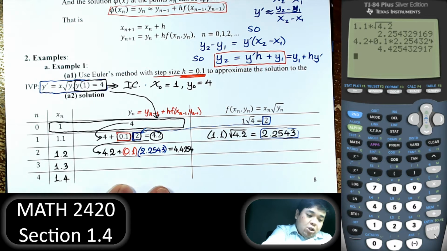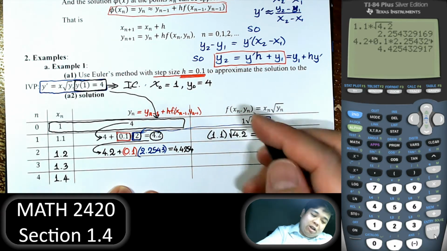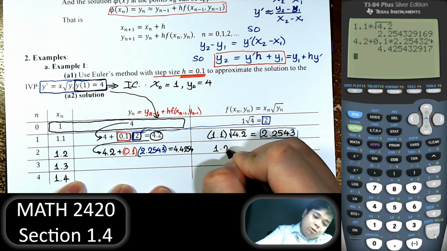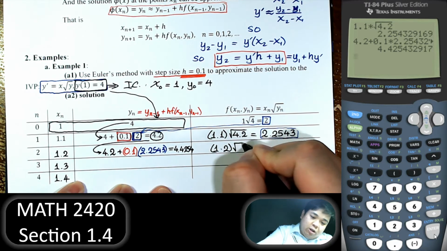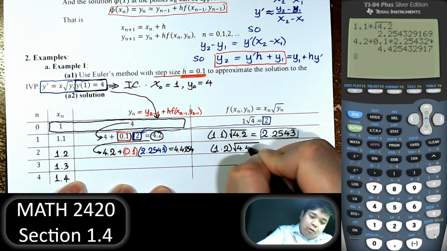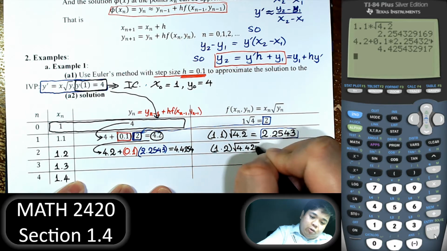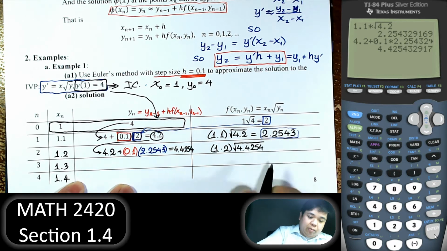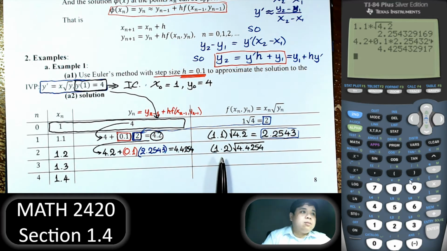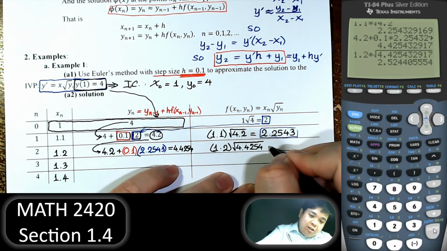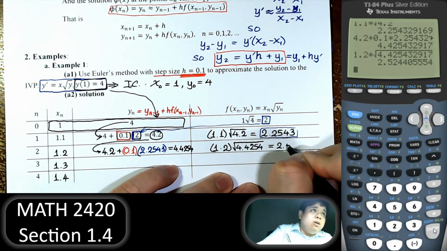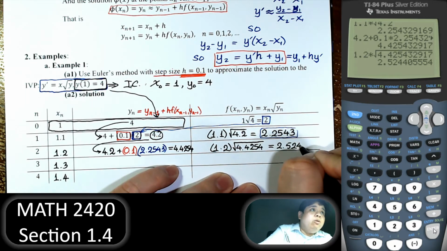Right. So now we have x and y values. We can calculate the slope. 1.2 times square root of 4.4254. Again, highlight that, hit enter, and copy and paste. 2.5244.